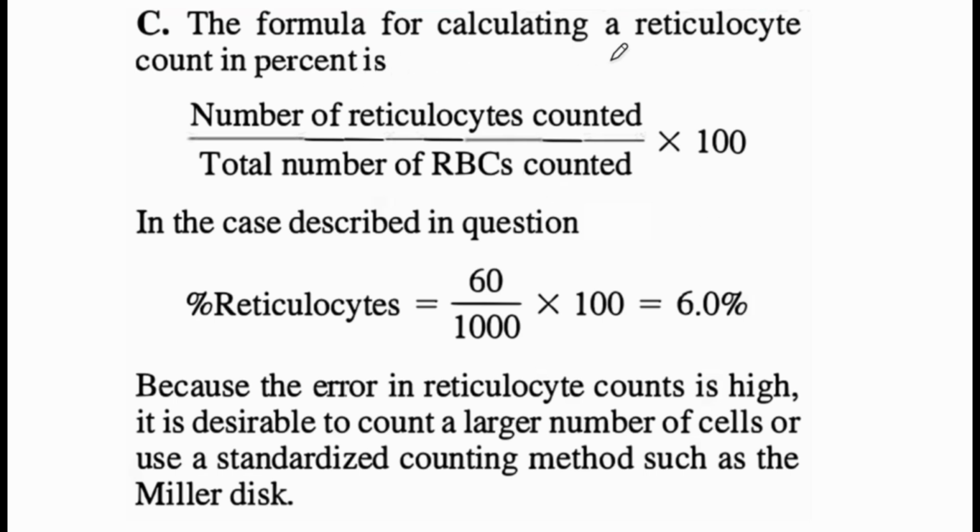The formula for calculating a reticulocyte count in percent is the number of reticulocytes counted divided by the number of RBCs counted, multiplied by 100. In the case described in the question, percentage reticulocytes equals 60 divided by 1000 times 100 equals 6.0%.